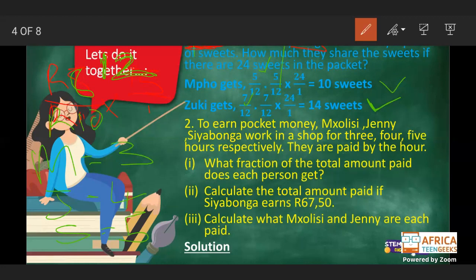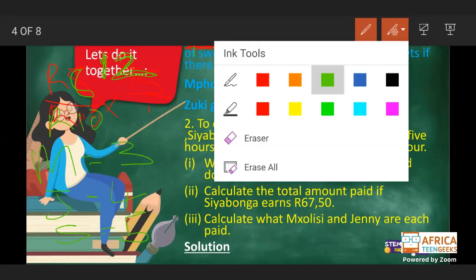These people earn the very same money every hour, but they have different hours. They work in a shop. So Siyabonga is getting 67 rand 50. How much is it per hour?